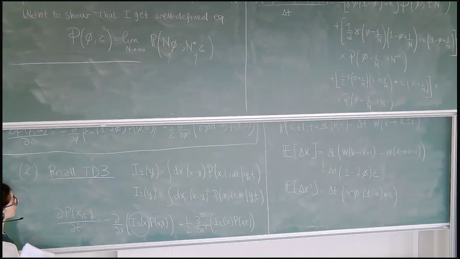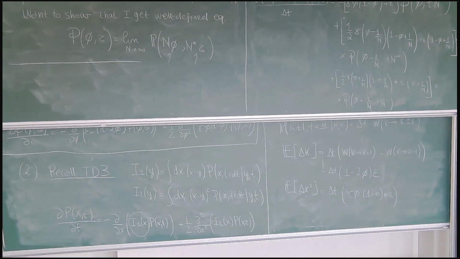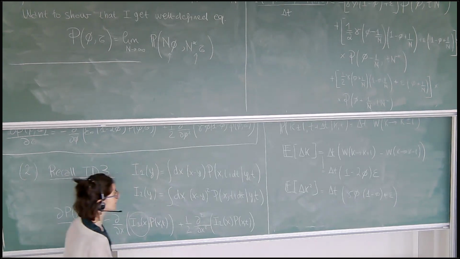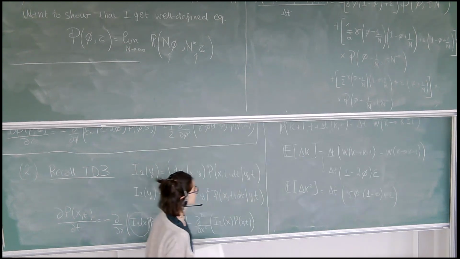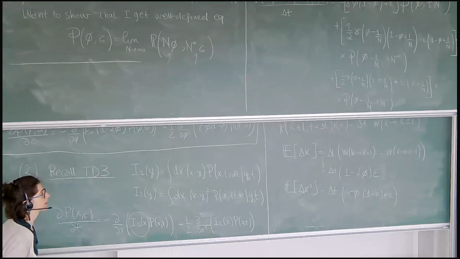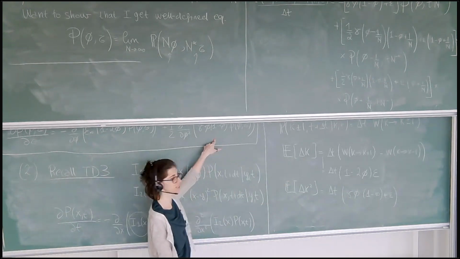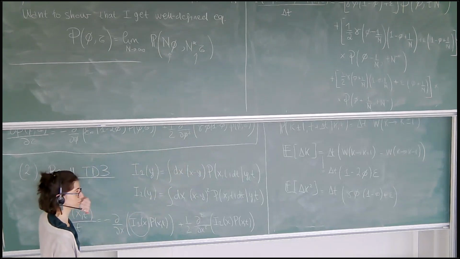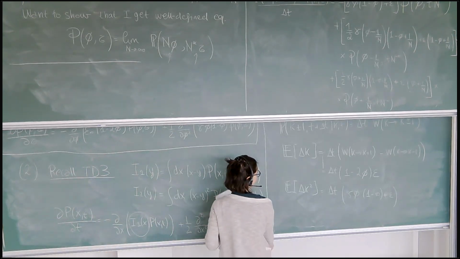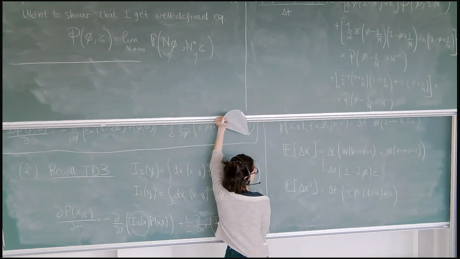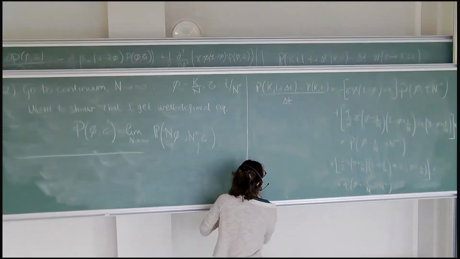So we are almost there. This looks almost like what we want for our Fokker-Planck, except one thing: we are now reasoning with respect to k, but the increments that we care about are actually with respect to phi. So we have to rescale everything by a factor of n. So let me do it up here.